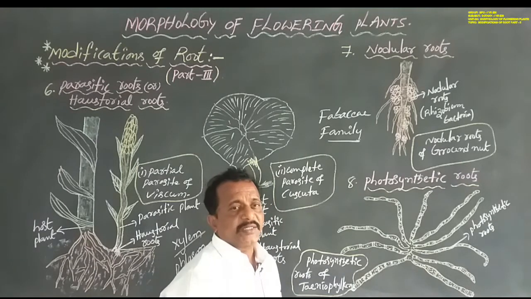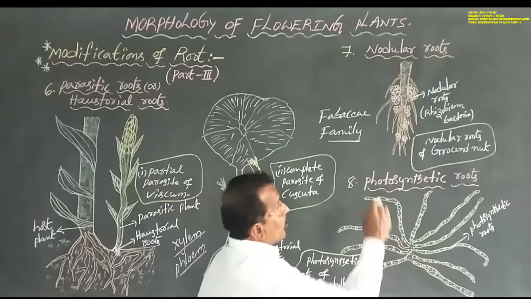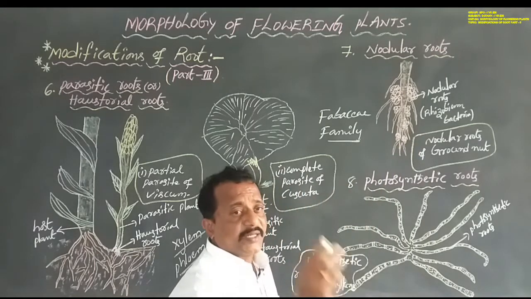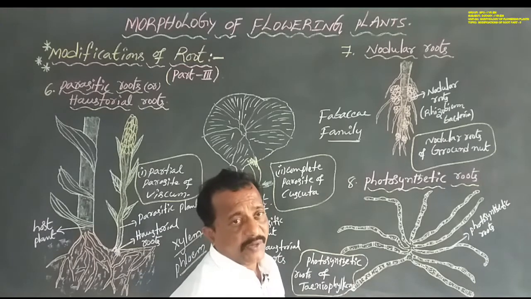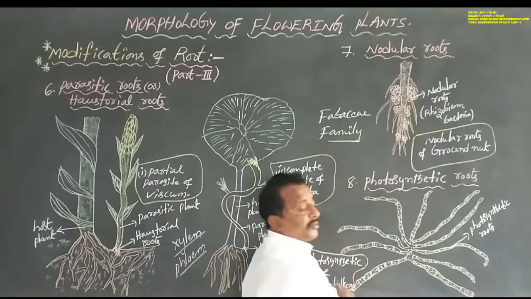In Fabaceae or Leguminosae members, the roots, in which root system? The taproot system contains small nodules, so these are named nodular roots.